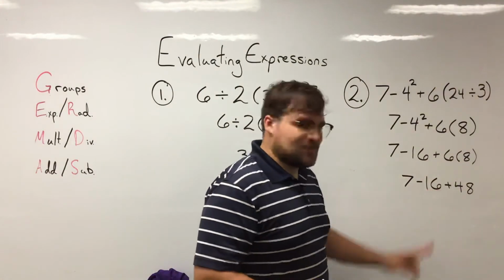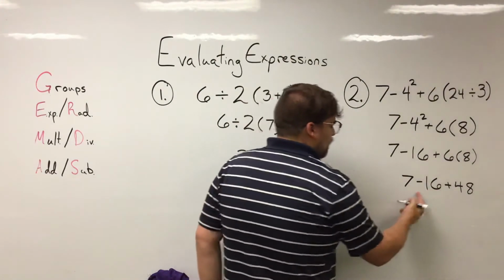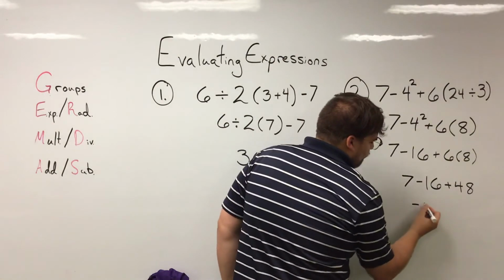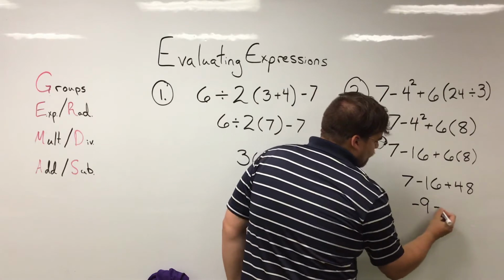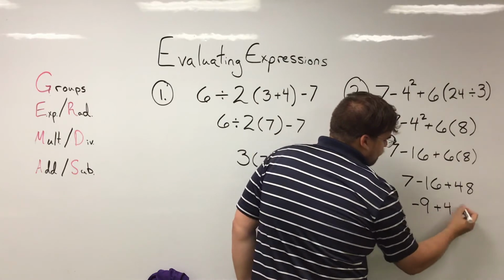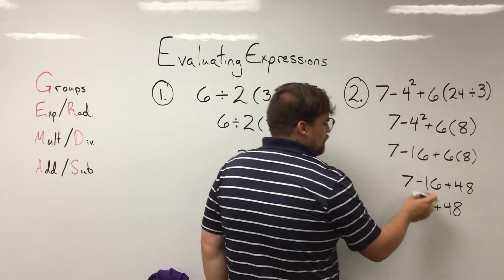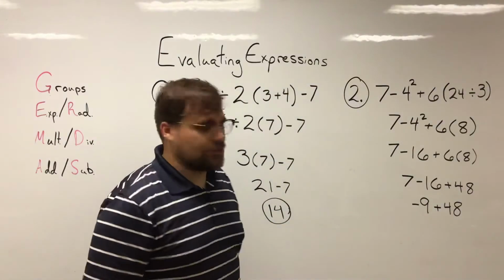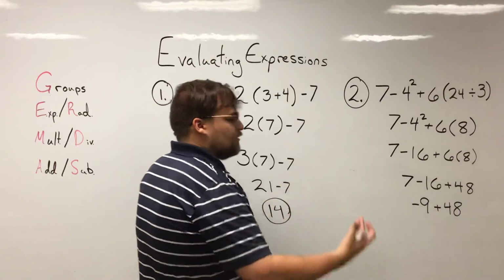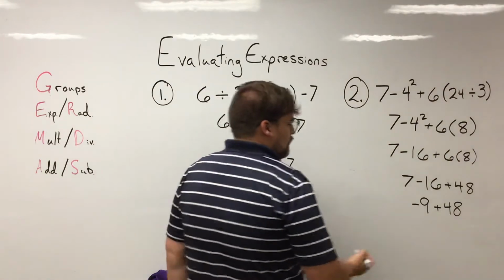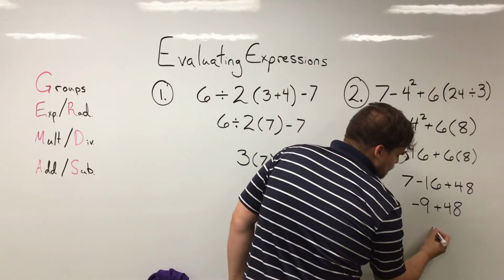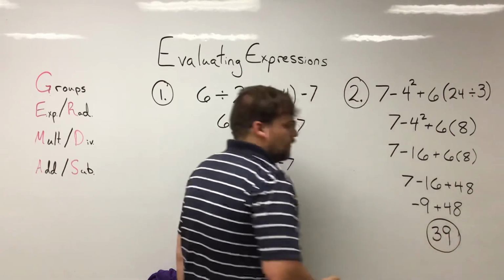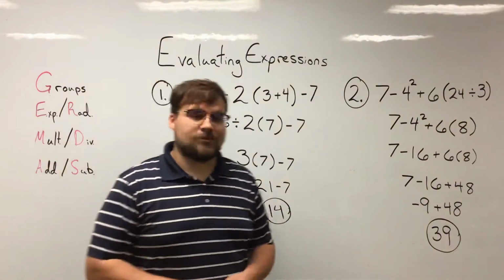So 7 minus 16, that's going to happen first. 7 minus 16 is going to be negative 9. And we have negative 9 plus 48. This simplifies down, and then we can take our next step. We have our addition here. Negative 9 plus 48 is going to get us positive 39. And it's as simple as that.